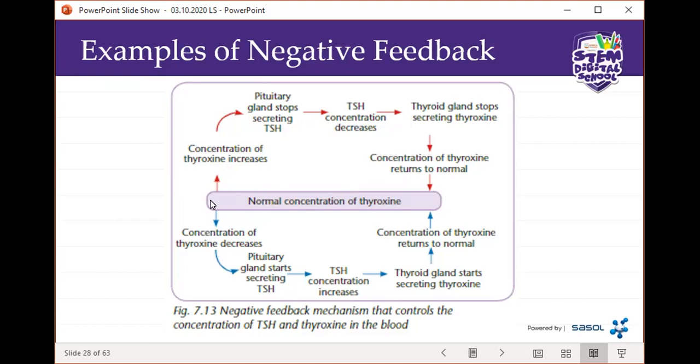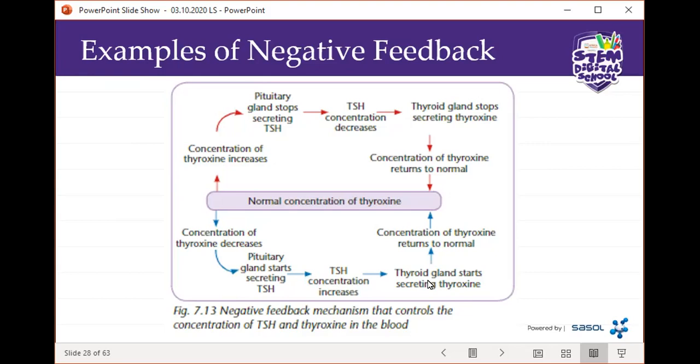Right. So now we move on to the blue arrows, when the concentration of thyroxine decreases. Okay. So the concentration of thyroxine decreases, that is the imbalance that is detected. Then the pituitary gland would start secreting thyroid stimulating hormone, or what we call TSH. Then the TSH concentration will increase, right?